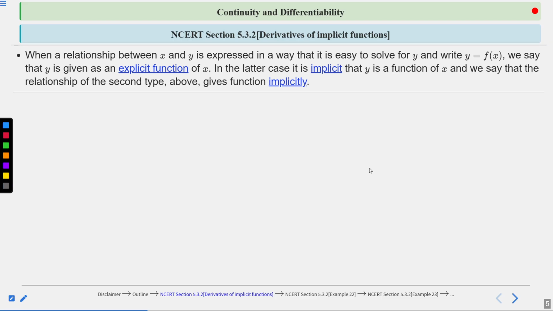In the latter case of the example, it is implicit that y is a function of x, and we say that the relationship of the second type above gives the function implicitly, right? Hence, we can say that the second equation is basically an implicit function, and the first expression, in which y can be written in terms of x, is basically the explicit function, right?